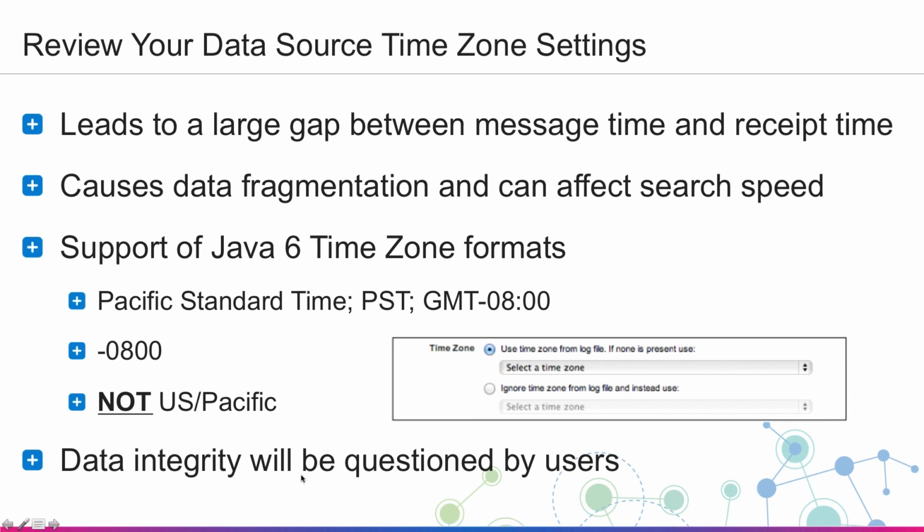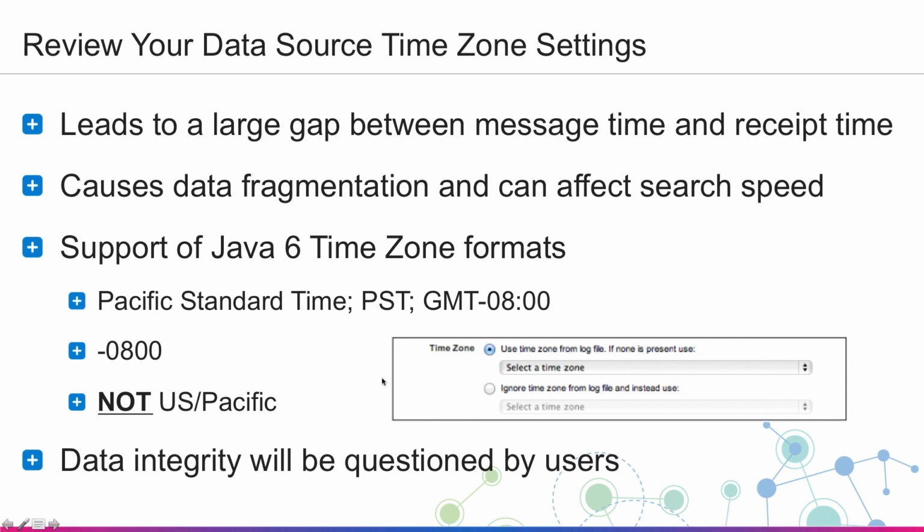So if we find that in your logs, it will not be recognized as a valid time zone. And therefore, it will fall back to this time zone setting. And if this time zone setting does not match with what's in the logs, then that's where this problem can occur.